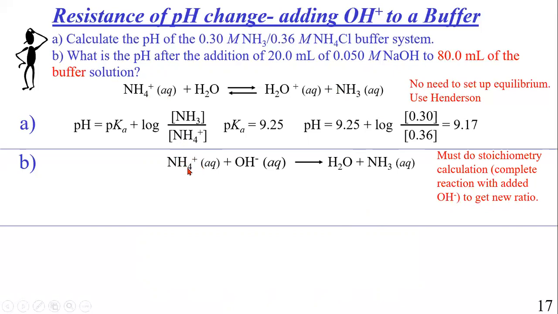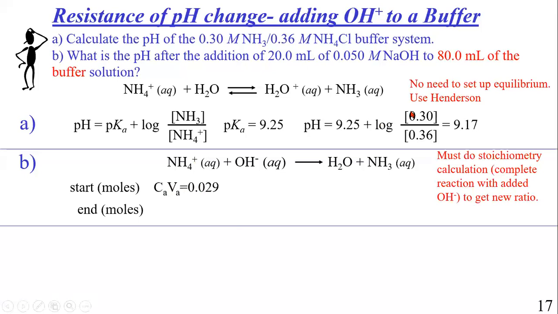So NH4 plus and OH minus, a complete reaction: the OH will become water and the NH4 plus will become NH3. Now, what concentrations do I use? I don't. I use moles, which is concentration times the volume. This is the concentration of the acid of my buffer times the volume. What is the volume?